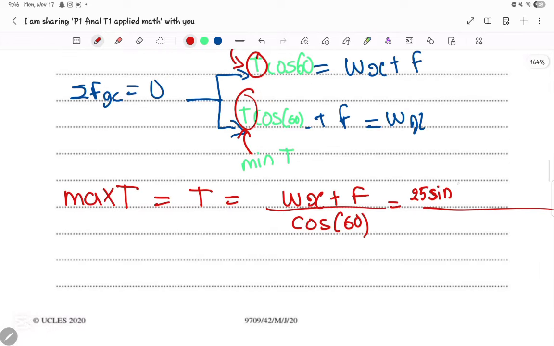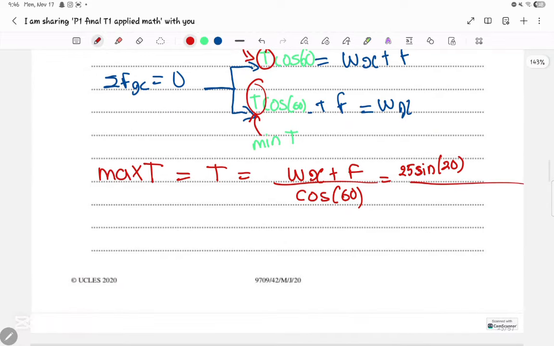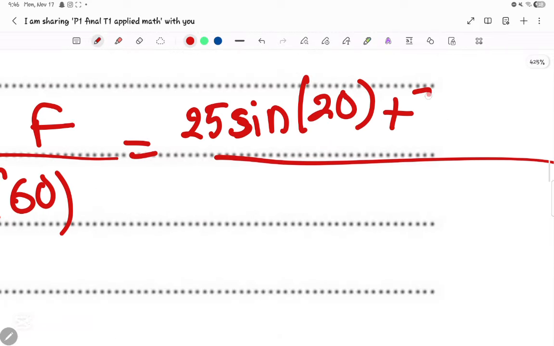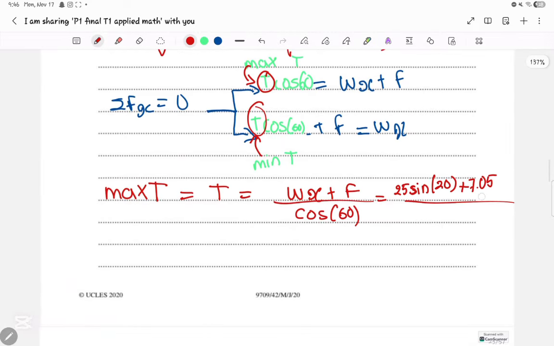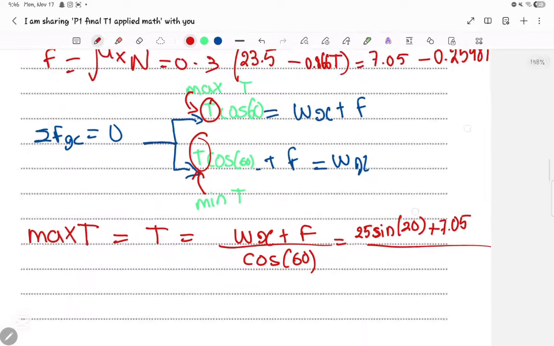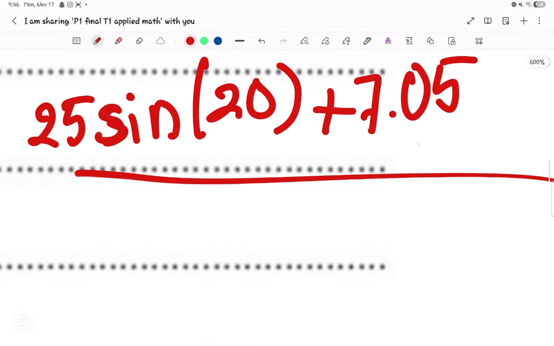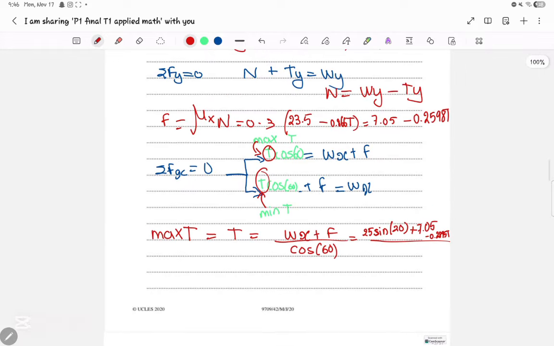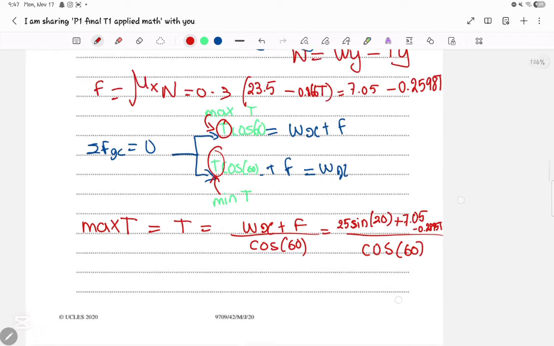How much is theta? 20. 25 sine 20 plus my frictional force, which I found to be 7.05 minus 0.2598 T. All of it over cosine 60. And I will get the maximum tension. So let me solve this a little bit actually.